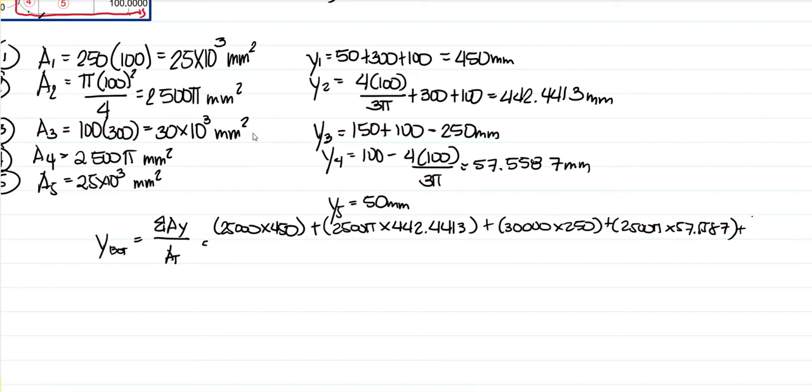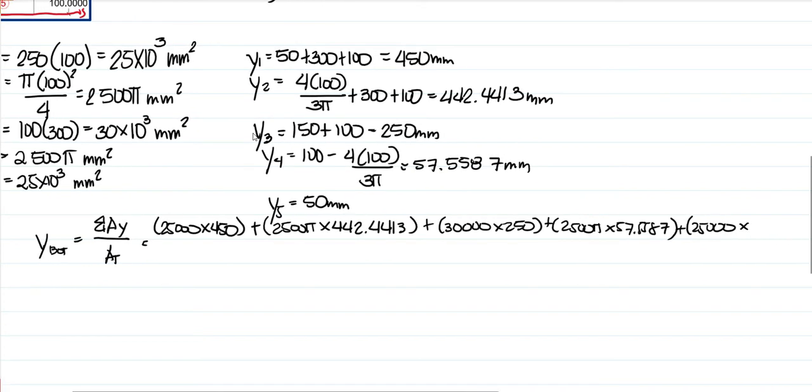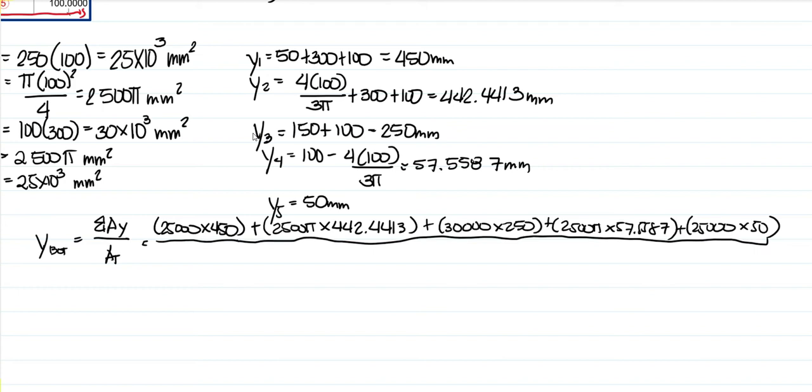So next will be 25,000 times 50. So we divide this by the total area. This will be divided by 25,000 plus 2,500 pi plus 30,000 plus 2,500 pi plus 25,000.